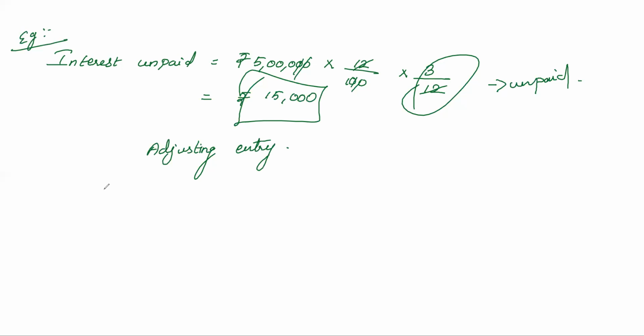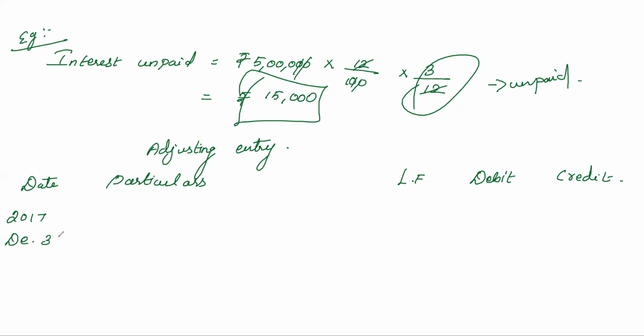So next adjusting entry. So adjusting entry, date, then particulars, then LF, then debit, then credit. 2017 December 31.